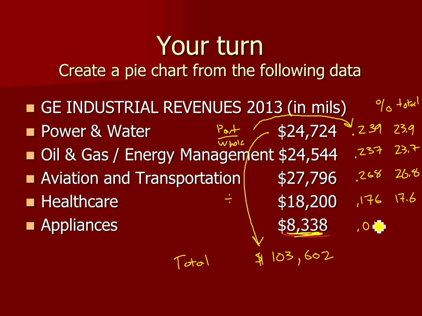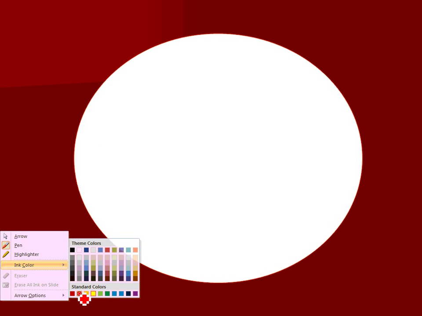So we got 0.081, 8.1%. So if we drew a pie chart, it would be fantastic just to show how much we know GE to be and how much it really is. So we got like a 23, we got like another 23, we got another 23.